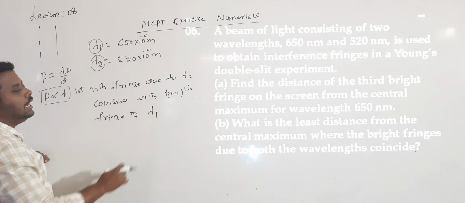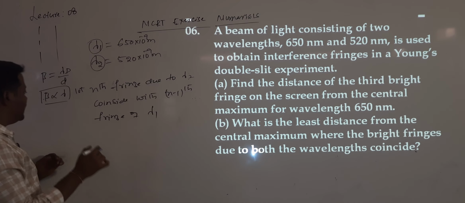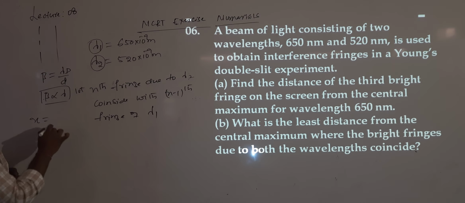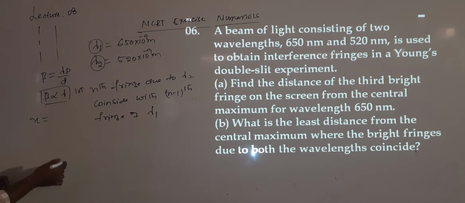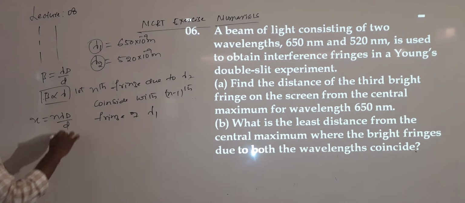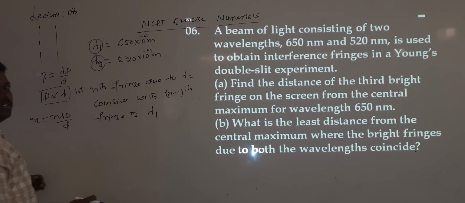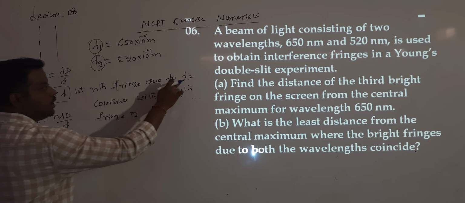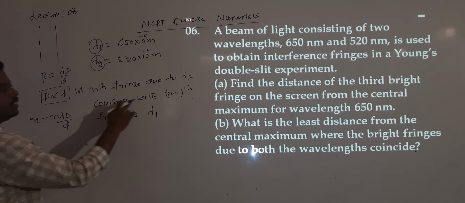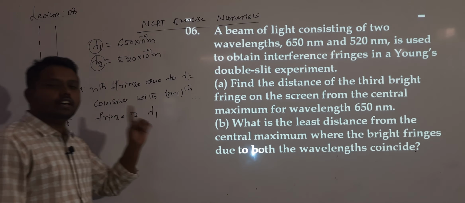They are telling maximum only. The distance formula for maximum is x equals n into lambda into capital D divided by small d. So the nth bright fringe due to lambda 2 coincides with the n minus 1th fringe due to lambda 1. You should get it at only one point.